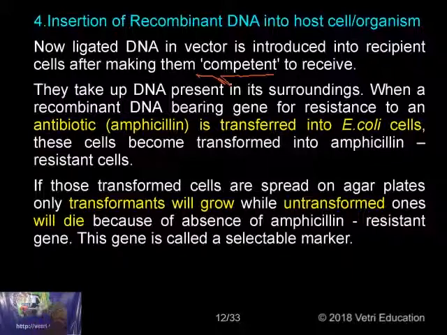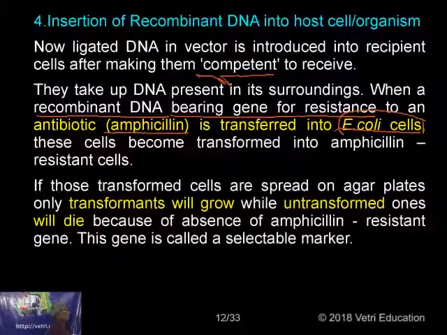See this point? When a recombinant DNA bearing the gene for resistance, it is bearing the resistance for what? It is bearing the resistance for ampicillin, which is an antibiotic. It is transferred to the E. coli cells. These E. coli cells will now become resistant to the antibiotic. Okay, and these cells become transformed into ampicillin resistant cells.